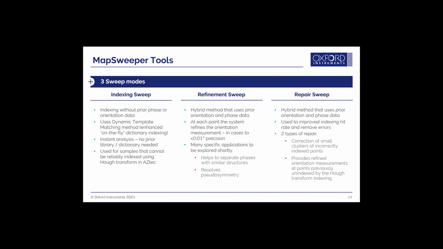And the last one is the repair sweep. I know we got on the topic a little bit during Ben's talk, but traditional data cleaning in EBSD is really a statistical model, looking at nearest neighbors and determining how many of them have to match before you can fill in the blanks, so to speak.